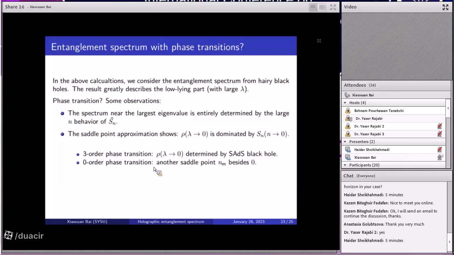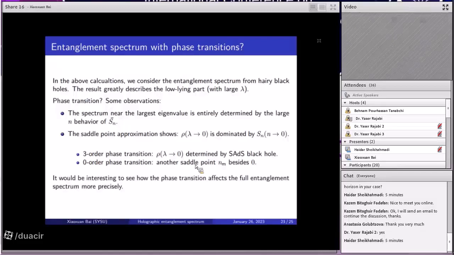But for the zeroth order phase transition, because of another saddle point besides 0, it's hard to evaluate its effect. Anyway, it would be interesting to see how the phase transition affects the full entanglement spectrum more precisely.